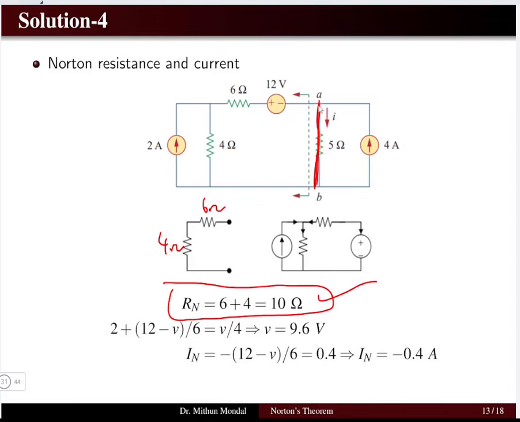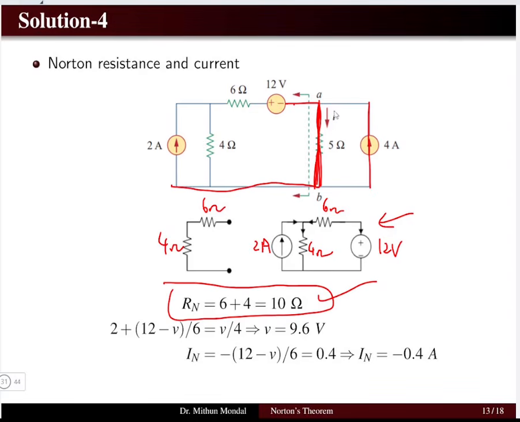This current source will always be shorted. So we will have this circuit where we have the 2 ohm resistor, the current source, a 4 ohm resistor, a 6 ohm resistor, and a 12 volt voltage source. So this is the new circuit that we have got.